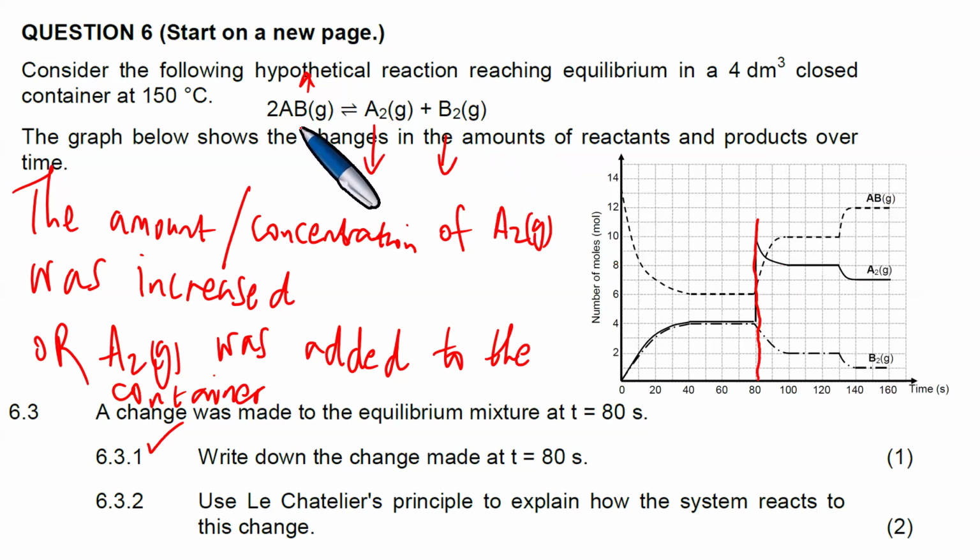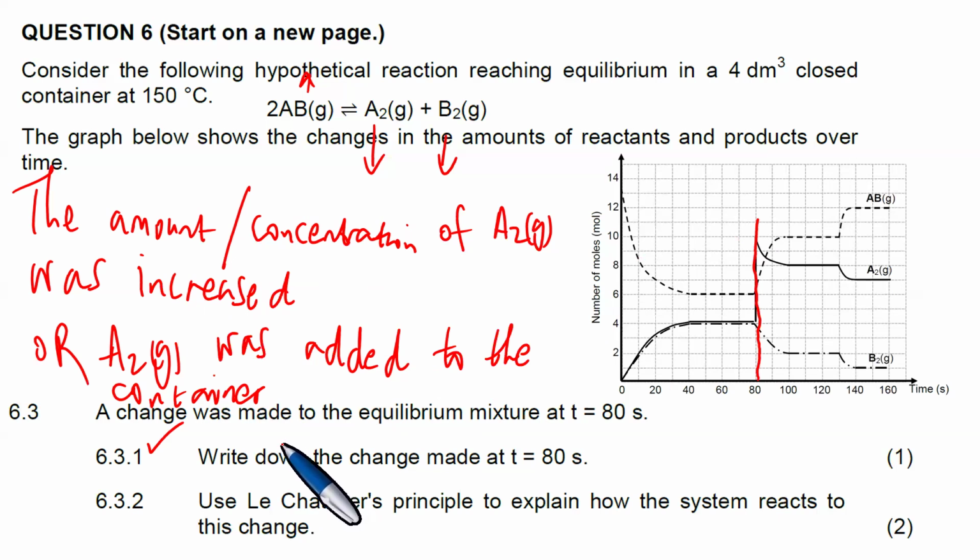This is a clear sign that, according to Le Chatelier's principle, if you disturb the equilibrium, the equilibrium counters the change. So we're saying the concentration of A2 was increased. If you attempt to increase the concentration of A2, then according to Le Chatelier's principle, the system will tend to decrease it, to counter that increase.